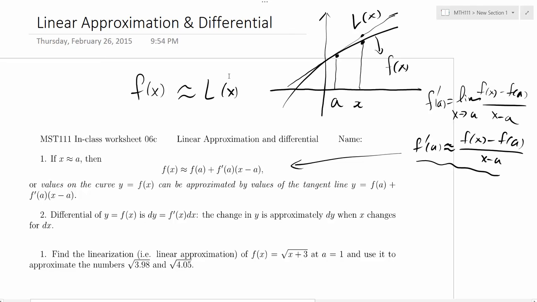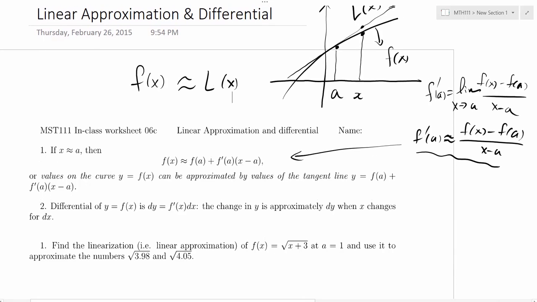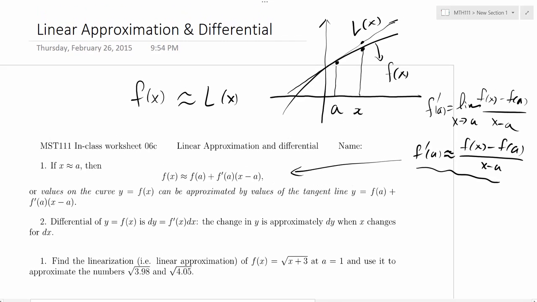So let's look at an example. First of all, let's look at the strategy. How can we actually apply this idea? At point a, these two values are exactly the same: f of a is equal to L of a. And we are finding a value near a, so x is close to a.